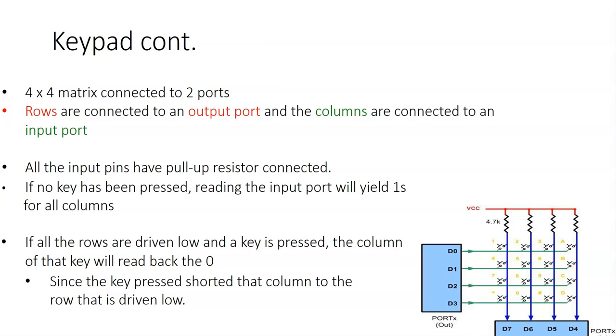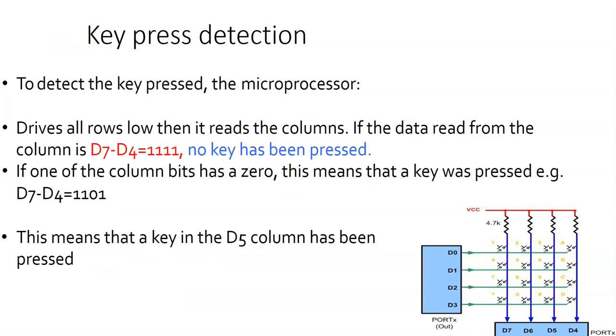So in the case that the rows are our outputs and the columns are our inputs, all the columns will have a pull-up resistor connected, and all the rows will first drive low, and we'll read the columns. If any of those columns come back as having a 0, we know that a key was pressed and shorted that column to a row that's being driven low. Once we know that a key was pressed, we'll then in software go through a sequence of operations to determine which specific key was pressed.